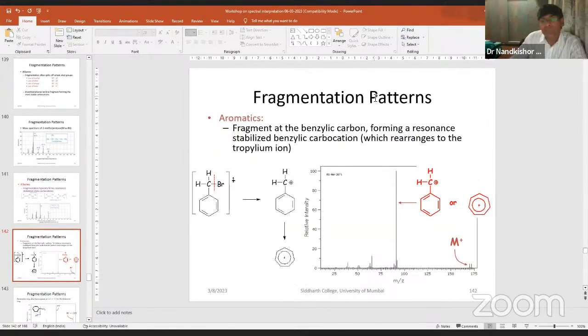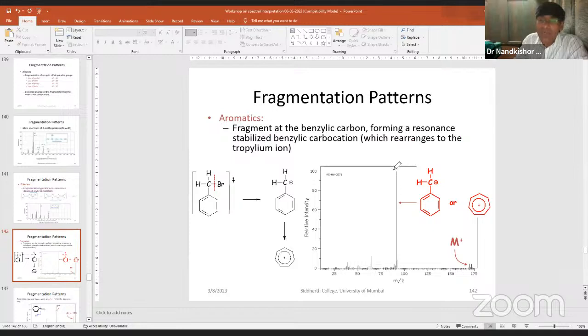Now look here. If there is an aromatic ring present, and a benzylic type of fragment is there, the CH2 attached to the aromatic ring, we call that a benzyl carbocation. This benzyl carbocation will spontaneously undergo rearrangement into the tropylium cation, and that tropylium cation is considered to be a unique identity in the mass spectrum.